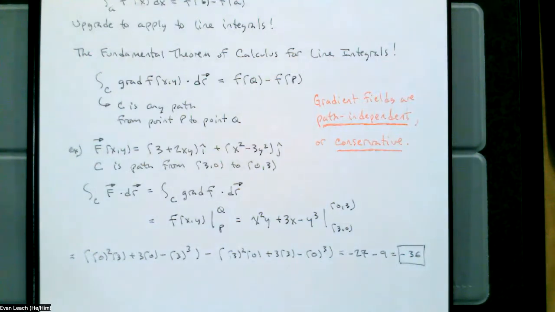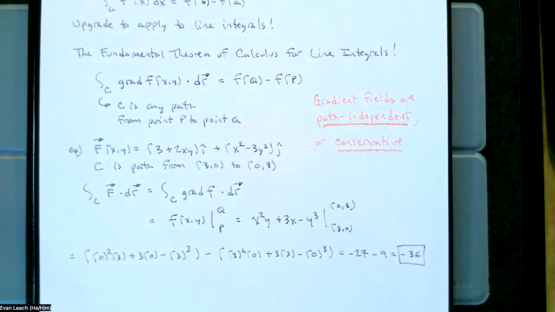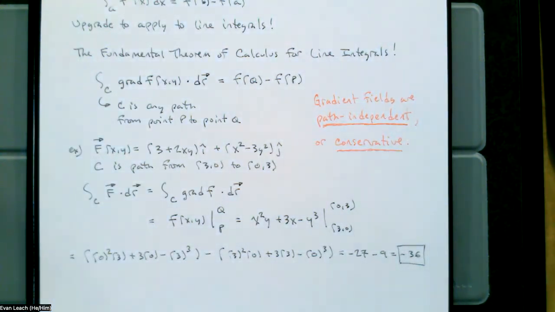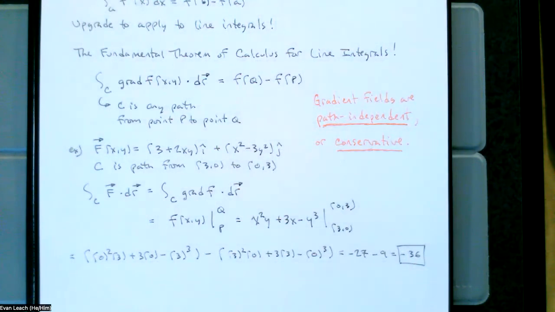Not all vector fields are gradient fields. Not all vector fields are path independent. So if we wanted to find a line integral, and we notice that our vector field is not a gradient field, it is not path independent, then we will have to go through all of the work like normal.